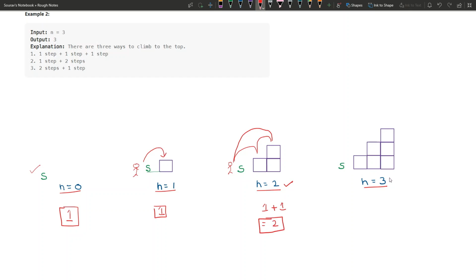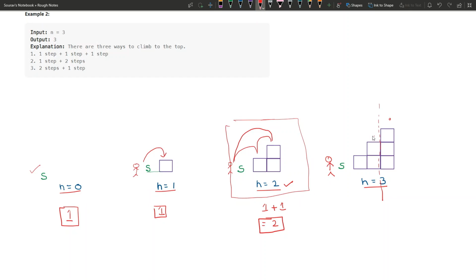Now let's see what is the number of ways to reach the top if there are three stairs. This is an important thing. What we already know is this part of the problem. Don't we already know it? Because we have already calculated the total number of ways to reach the top of stair 2 if there were two steps.